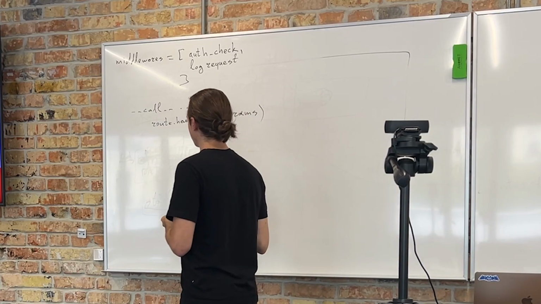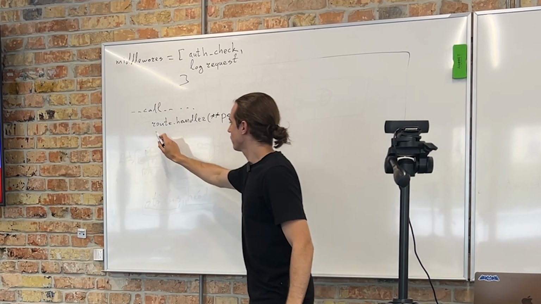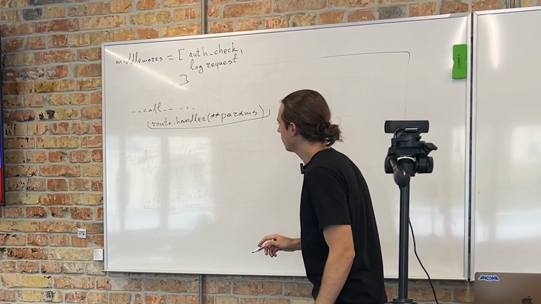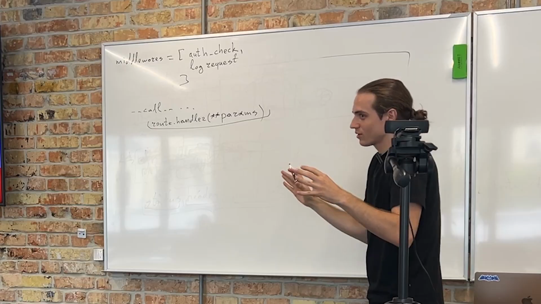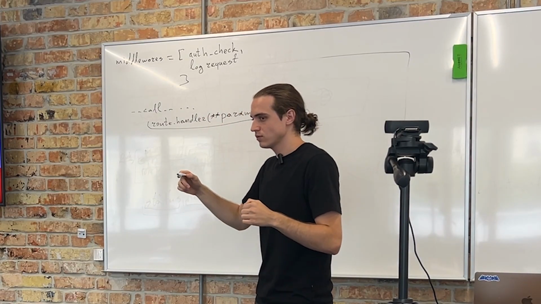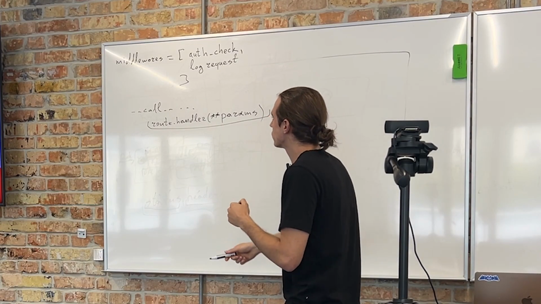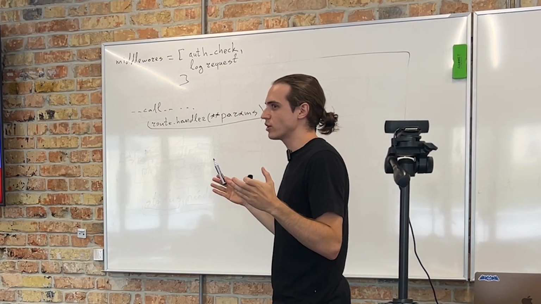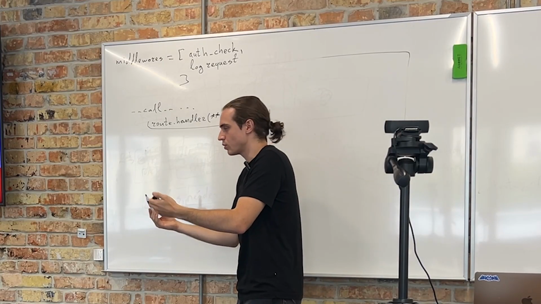So the first thing we want to do is wrap our route handler function into a wrapper that has a request as a parameter and returns a response. Because to use middleware, we need this structure. We need to have a request as a parameter and return a response.